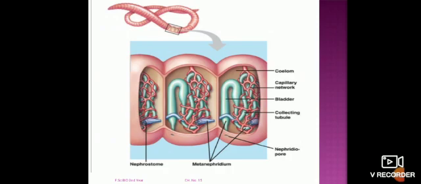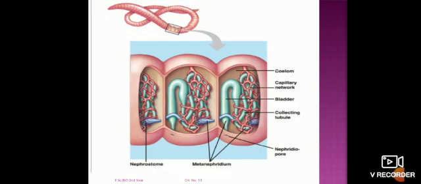In the diagram, the body is metamerically segmented, and in each chamber there is a ciliated opening known as a nephrostome, which collects waste material and sends it to the tube-like structure. This tube is a loop-like convoluted structure, surrounded by the blood capillaries, and finally opens into the bladder-like structure.